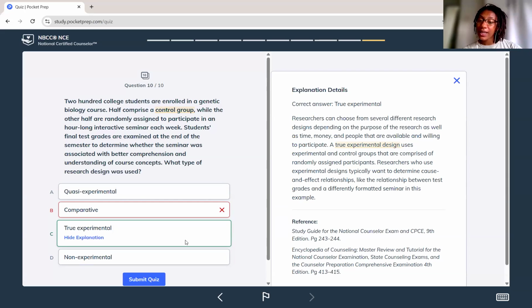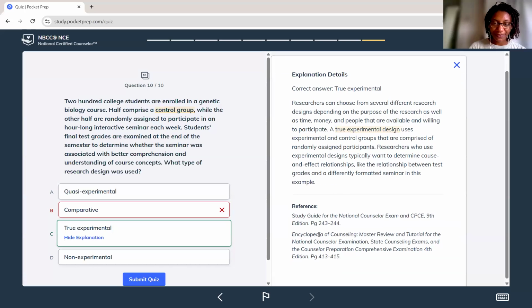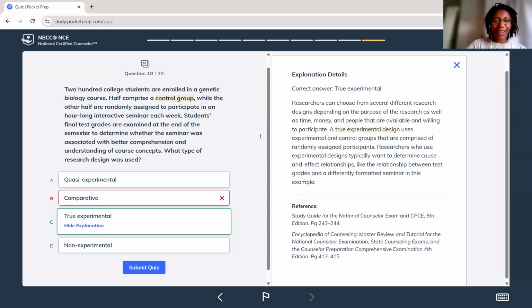Researchers who use experimental designs typically want to determine cause and effect relationships, like the relationship between test grades and a differently formatted seminar in this example. So the right answer is a true experiment, because we've got that experimental group and the control group. All right, so I'm going to stop share here.